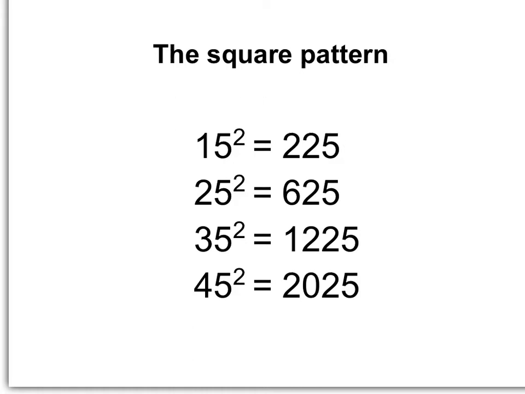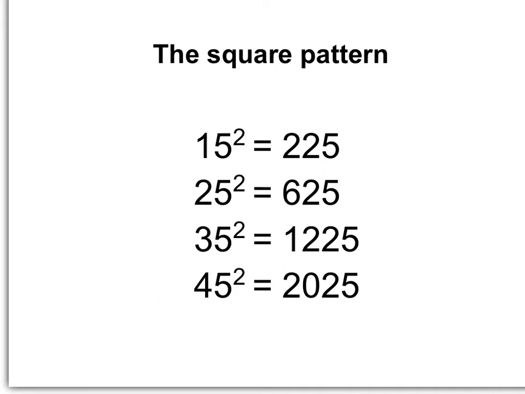What pattern do you see here? Do you see that the square of a number that ends in 5 always ends in 25? All of them end in 25.